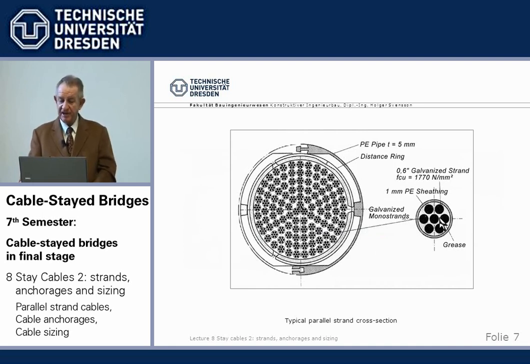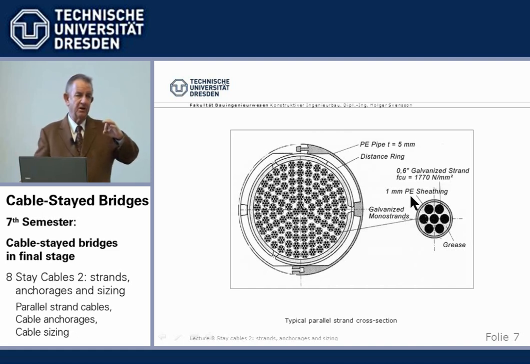Now each strand, the modern type of what we are talking about, is a so-called monostrand. All the strands consist of 7 wires. Now we use today only the 0.6-inch diameter, 15 millimeters, with 150 square millimeters, which is a little bit thicker than the older one.